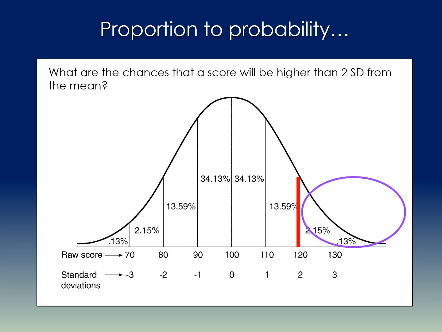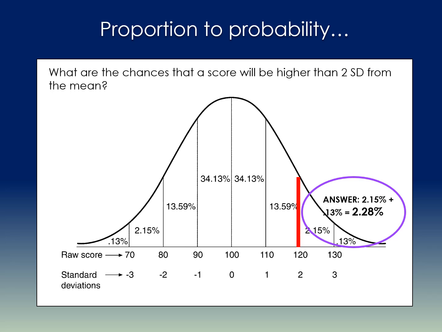And I simply add up the proportions of the scores that fall above 2 standard deviations, and I come to a value of 2.28%. So the answer to my question, what are the chances a score is going to fall above 2 standard deviations above the mean, would be 2.28%. Now that's actually a really, really low chance.